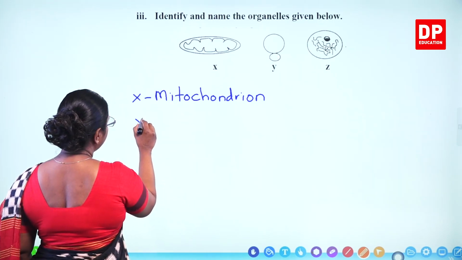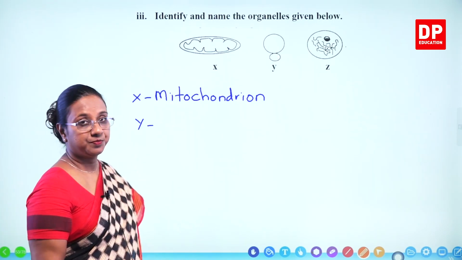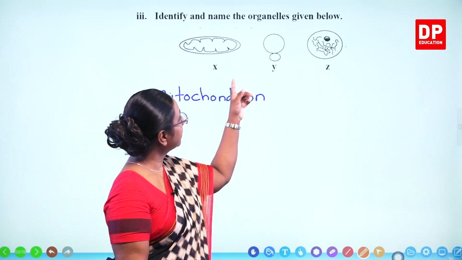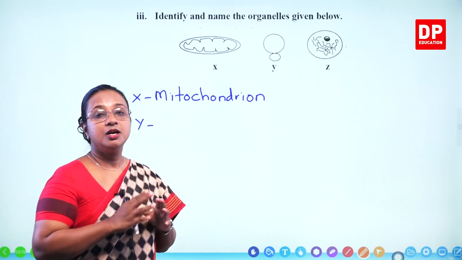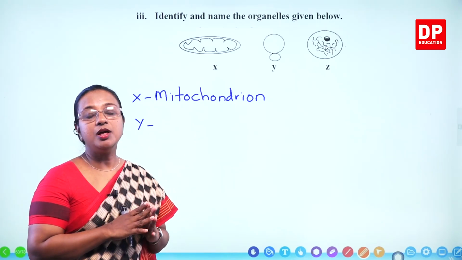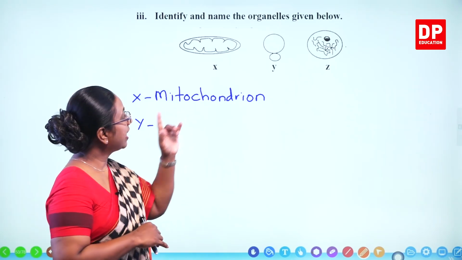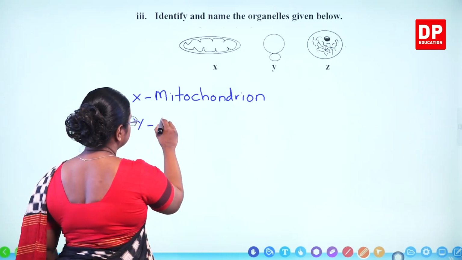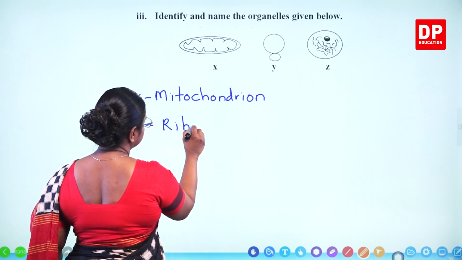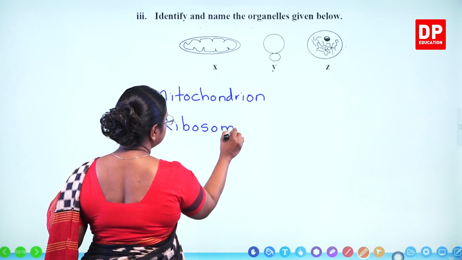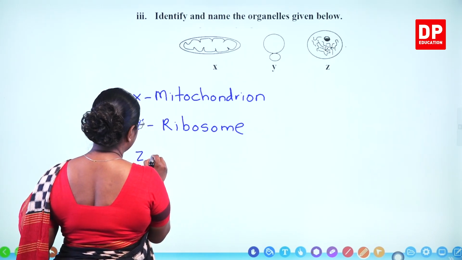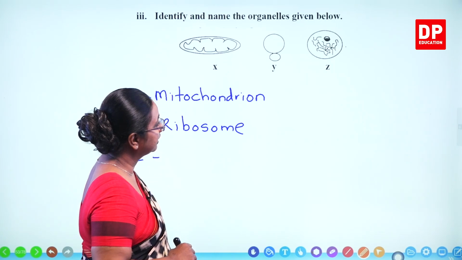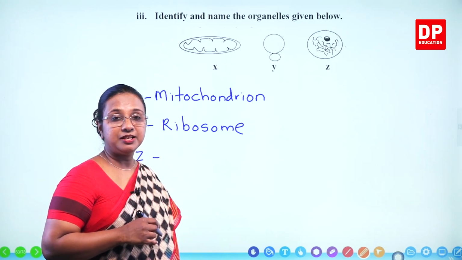Then we have organelle Y. You can see it has a large body and a small body. So that means it is a ribosome. And we finally have organelle Z. Very easy to identify.